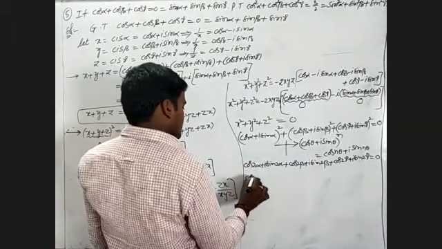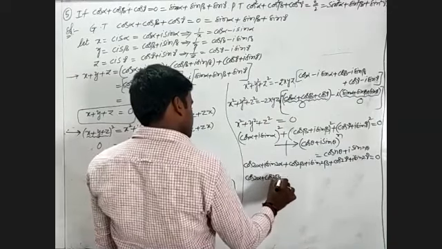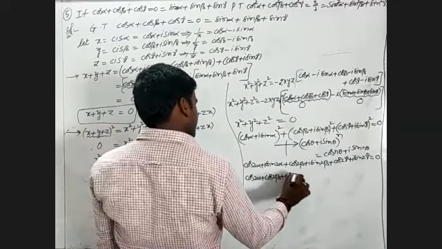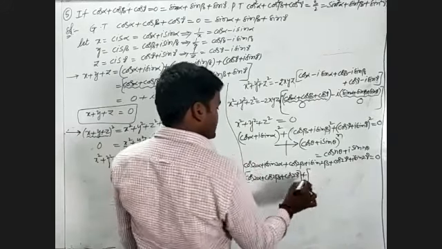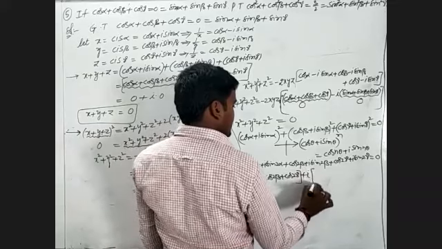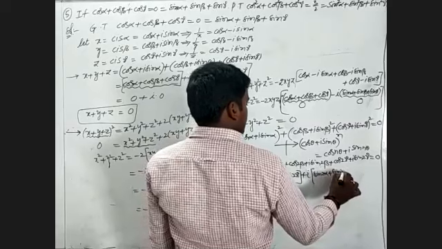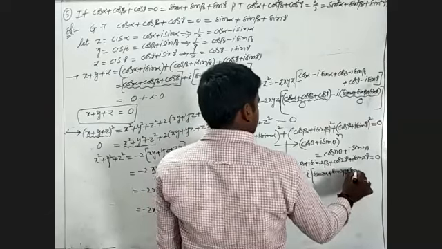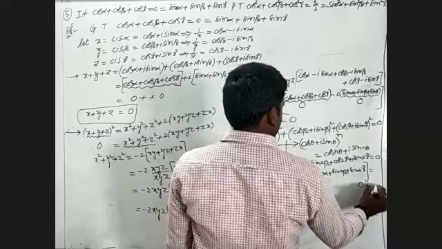We will get cos 2 alpha plus cos 2 beta plus cos 2 gamma plus i into the remaining, sin 2 alpha plus sin 2 beta plus sin 2 gamma, is equal to 0 plus i into 0.